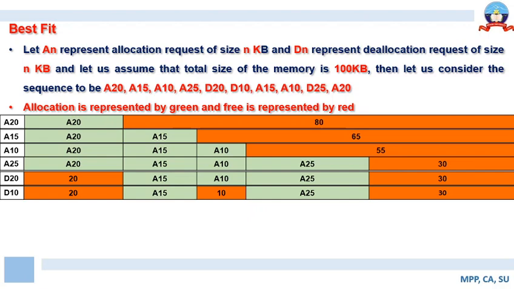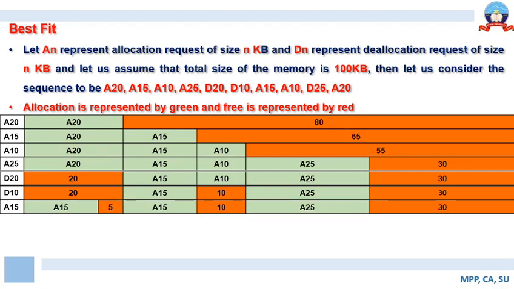Then we have an allocation request of 15 kilobytes. Now in case of BestFit, what we try to do is look for a block that is large enough to accommodate the process but is smallest among all the blocks that can accommodate the process.